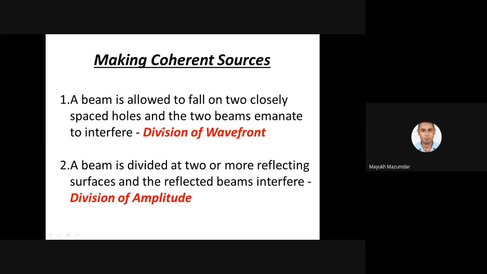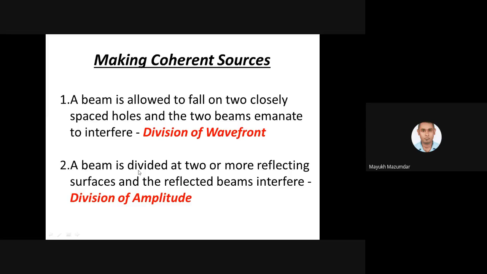The holes should not be very far apart. Then the two beams which emanate will interfere. This process is called the division of wavefront, where I am getting two or more coherent sources. This is our first chapter's discussion. We have one chapter only according to the truncated syllabus. The first step would be the division of wavefront.